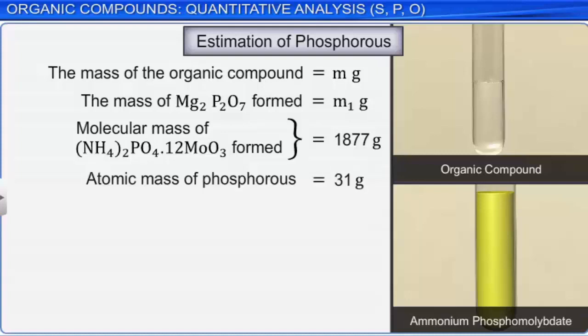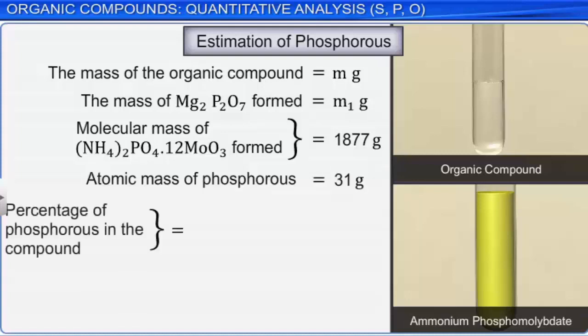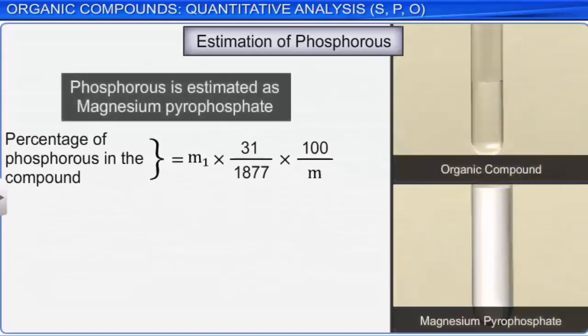Therefore, the percentage of phosphorus present in the compound is m1 multiplied by 31 multiplied by 100 divided by the product of 1877 and m. If phosphorus is estimated as magnesium pyrophosphate, then the percentage of phosphorus is equal to 62 multiplied by m1 multiplied by 100 divided by the product of 222 and m.